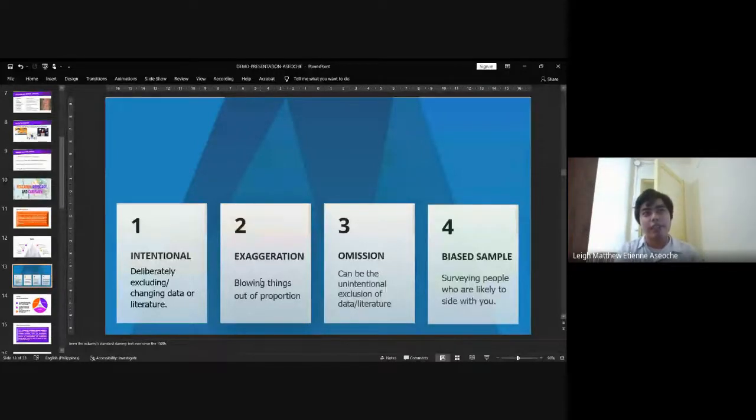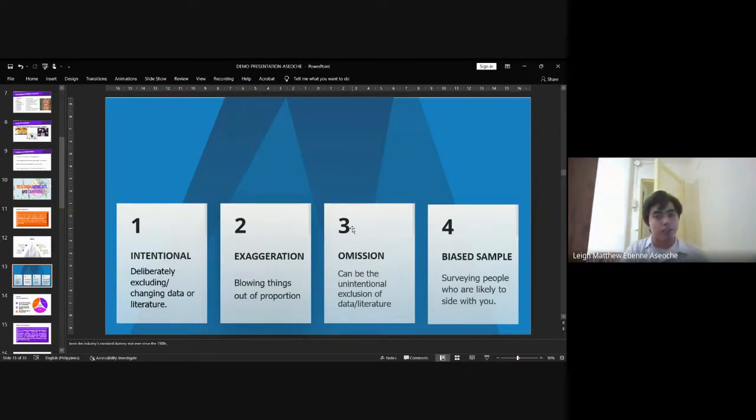How can you say that almost all Filipinos are in favor when it's only 50%? It's like only half of the Philippine population. So that's exaggeration. Either you go beyond the reality or you go below the reality. That is another form of bias.